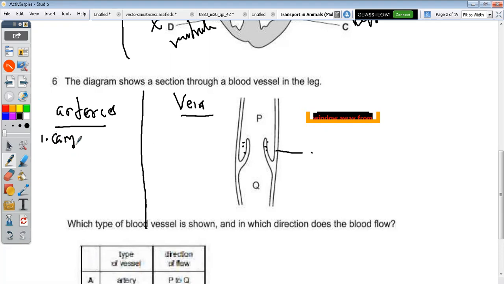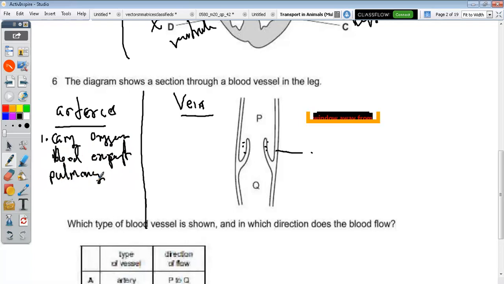That's what we said. Carry oxygenated blood. Okay. Except what? I said there's an exception. Except what? Except the pulmonary artery. Yes, except the pulmonary artery.